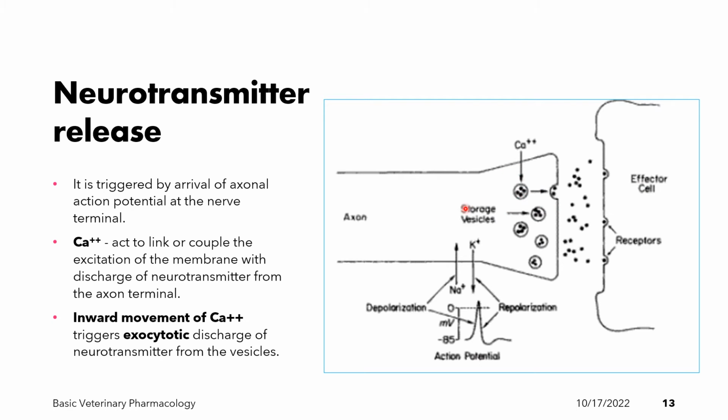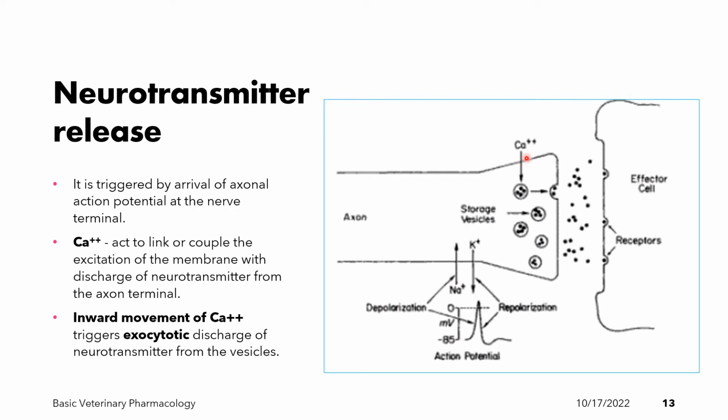Within the axon terminal, or the synaptic knob, are the synaptic vesicles, or storage vesicles. When the action potential reaches the axon terminal, it changes the permeability of the axon terminal, allowing the entry of sodium ions and the efflux of potassium ions. When the sodium ions enter the cell, they induce depolarization of the cell, which produces the action potential. The action potential also induces the opening of the voltage-gated calcium ion channels.